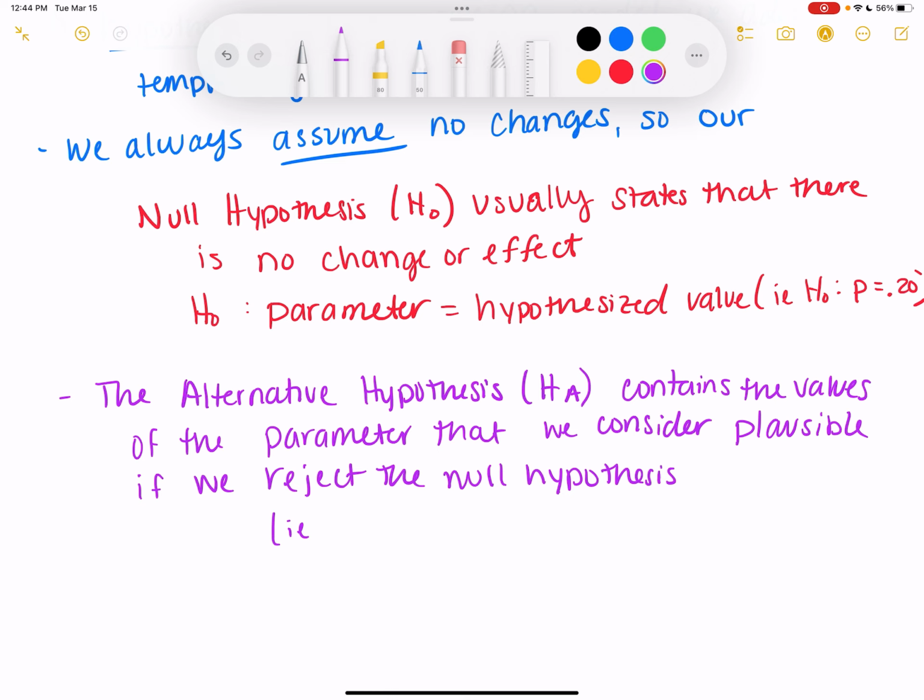So, for example, with that, H sub a for p greater than 0.20, H sub a for p not equal to 0.20, or H sub a p less than 0.20.